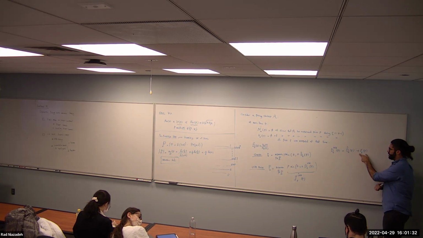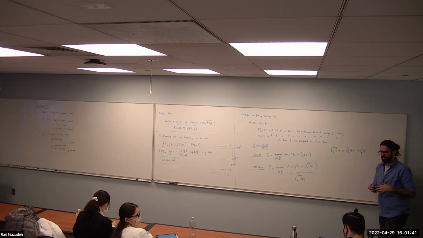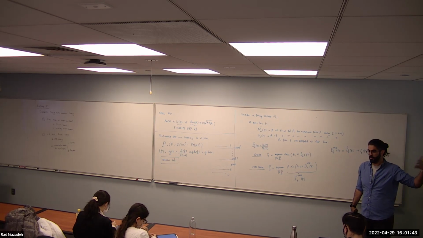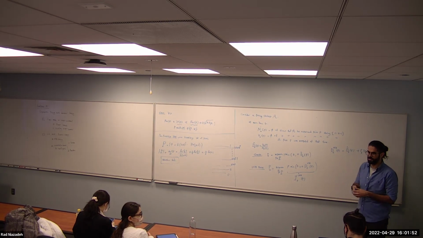The length of this should be inversely related to the number of times that this price has been experimented with before, to capture the fact that if a price has been experimented with more, you know more about that price, and therefore the confidence interval is smaller. And you shrink the confidence interval at a rate that comes from concentration.